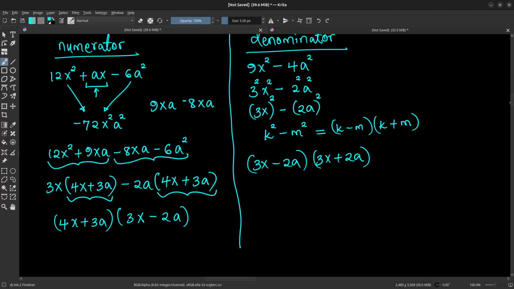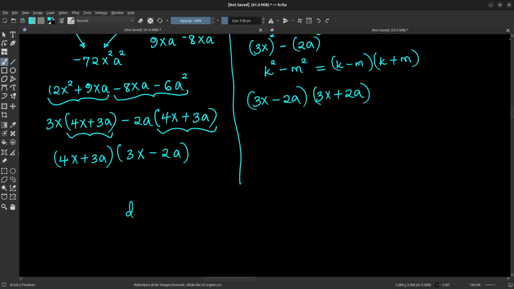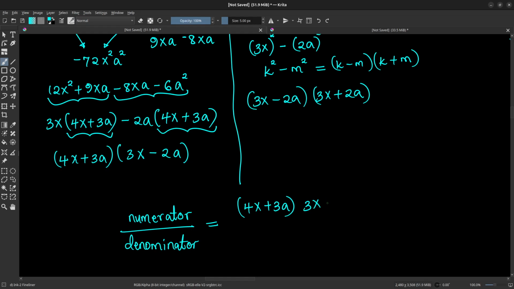So now when I tell you to take the numerator over the denominator, this is going to be the simplification of the numerator we got, which was 4x plus 3a times 3x minus 2a, and this is all over the simplification of the denominator, which we got was 3x minus 2a times 3x plus 2a.